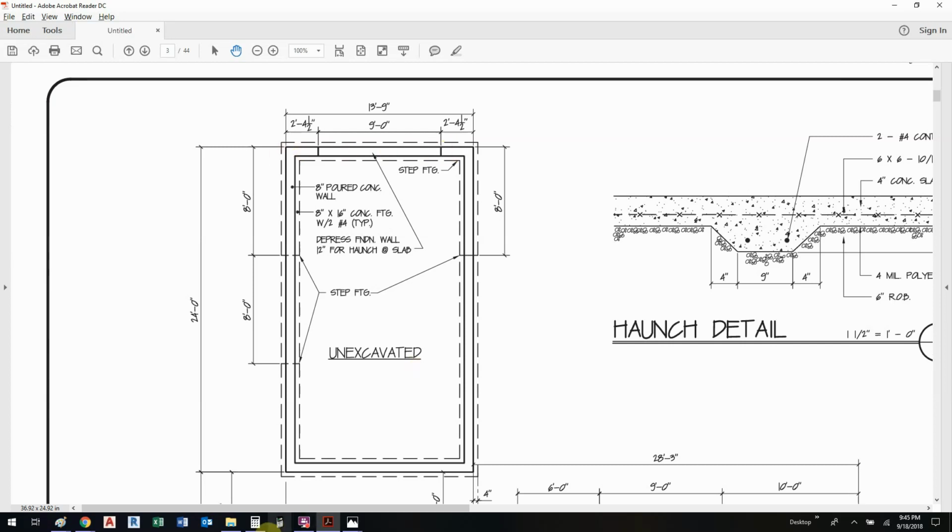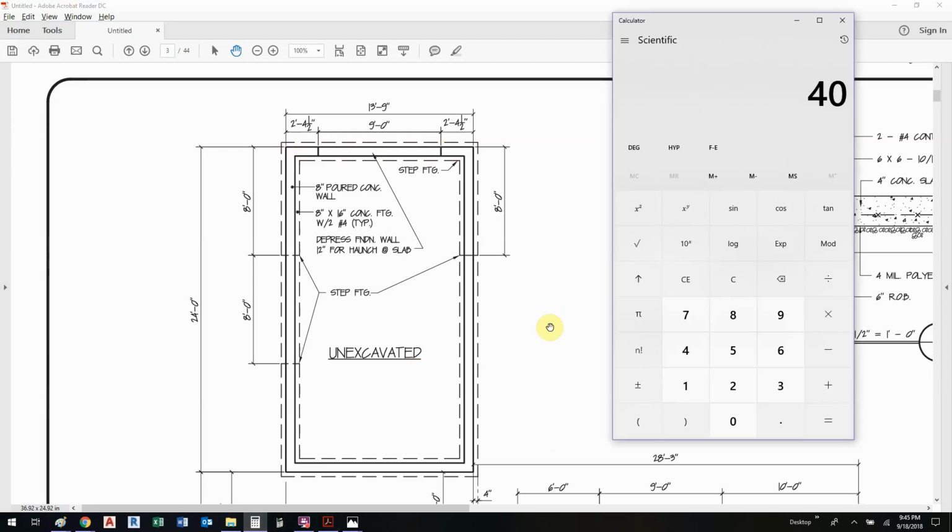If we say 3 times what? 3 times 3, that's 9. What about 3 times 4? Now we got something. So now we have 12. So we could start right here in this corner, and we could measure out 12 feet out here, and we can make us a mark.